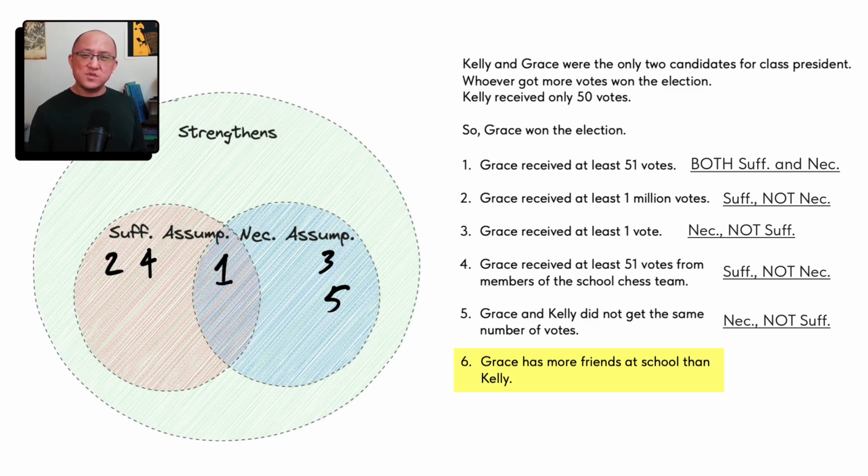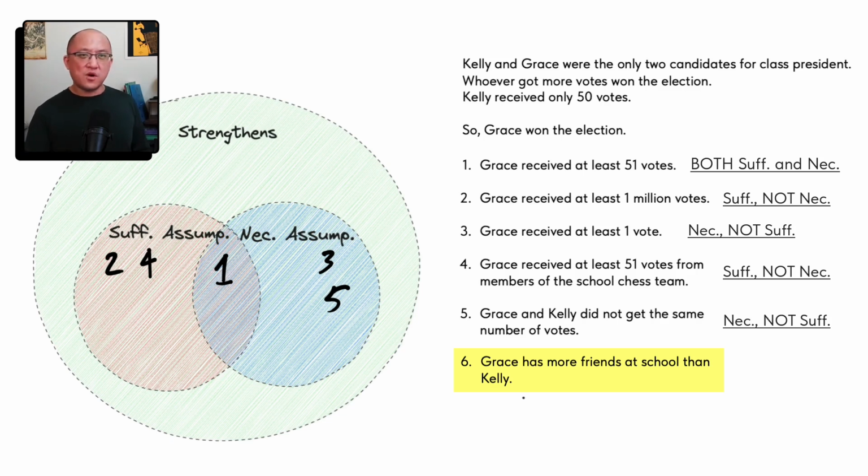So does this even strengthen the argument? Well, if Grace has more friends at school than Kelly, does that in any way help us reach this conclusion? No, it doesn't, because the logic is about votes. It's about who got more votes than the other. That's the principle for who is going to win the election. So if you're going to think that 6 is a strengthener, you're going to have to assume that because Grace has more friends at school, that means more people voted for her.